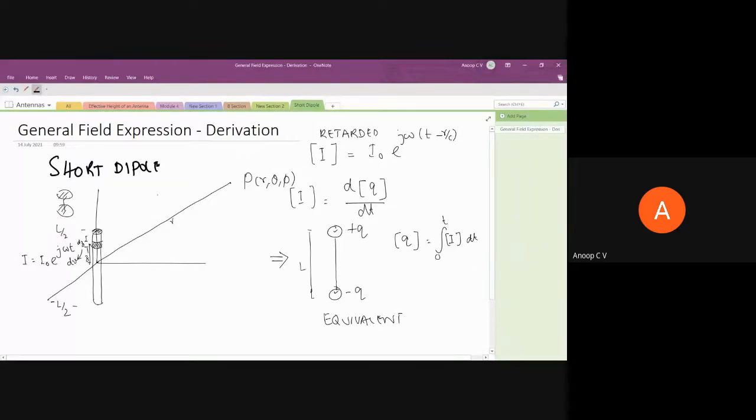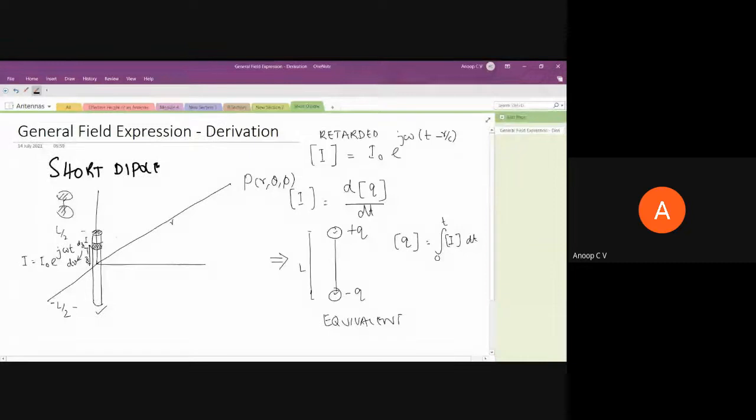Instead of directly finding the field due to the entire structure, I'll find the field due to this element, and if I integrate it over the entire structure, that will give me the total field or potential.